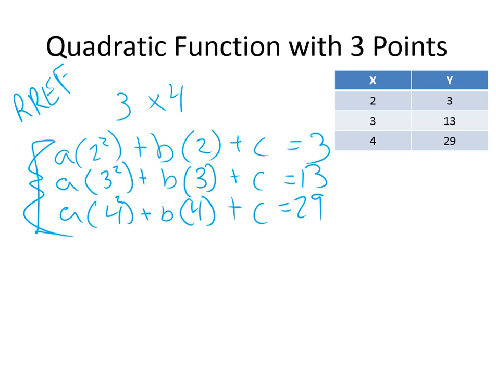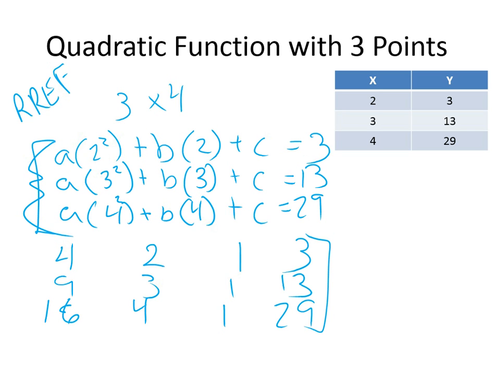And now your matrix would be 4, 2, 1, 3, 9, 3, 1, 13, 16, 4, 1, 29.